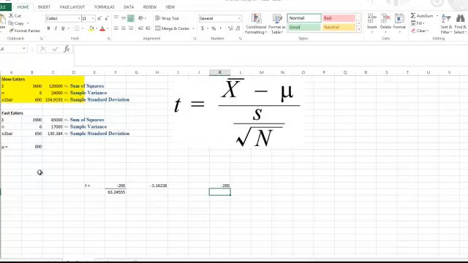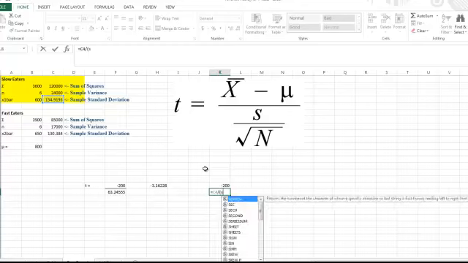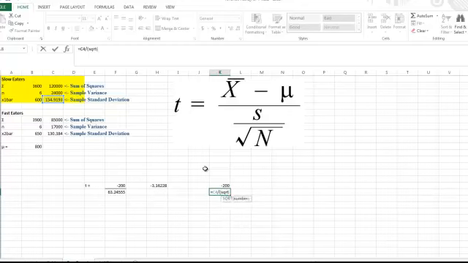So here we have our sample standard deviation over the square root of n. I'm going to liberally use some parentheses here, so equals our standard deviation, click on that, divided by parentheses, sqrt, open parentheses, the square root of our n.